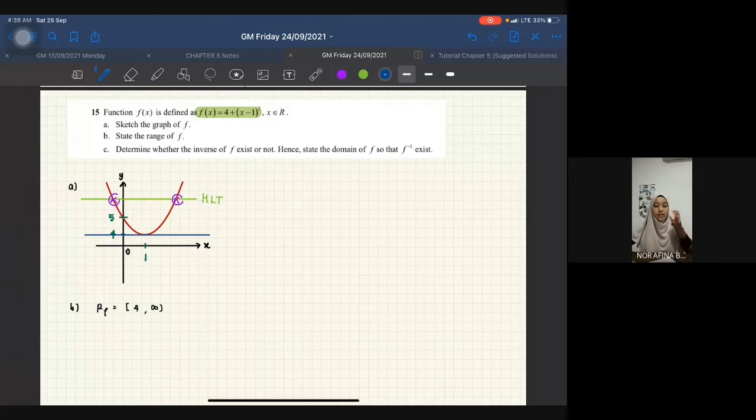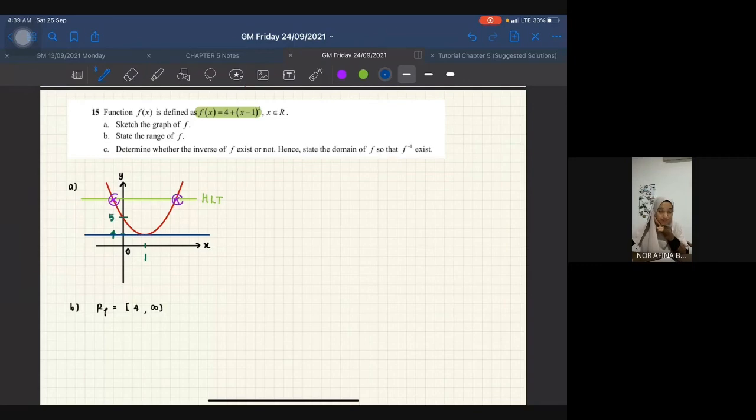Kita tak tengok dekat mana kita letak HLT tu. It's not like that. Memang awak punya HLT sekarang, dia hanya touch at 1 point. Tapi, kalau awak gerakkan awak punya horizontal line ni ke tempat yang lain, kita nak tengok ada tak possibility HLT tu cuts at 2 points.